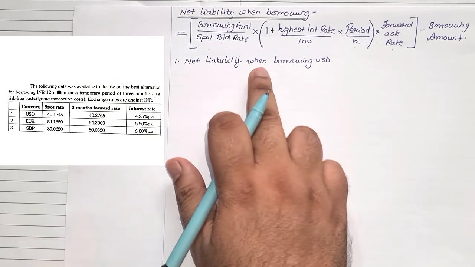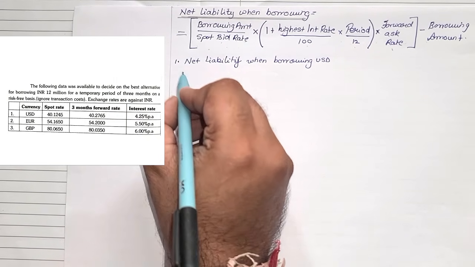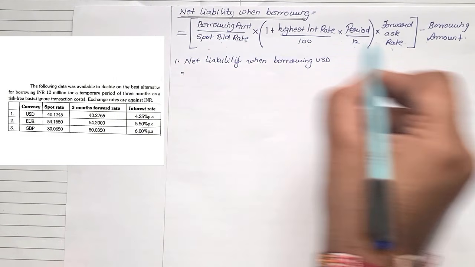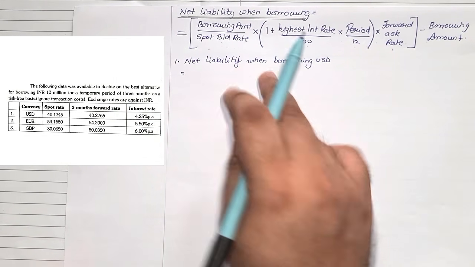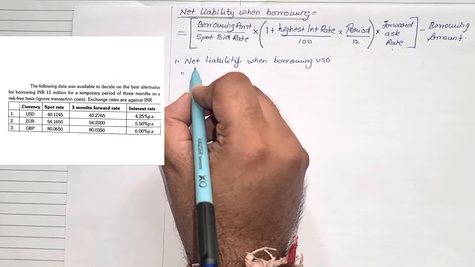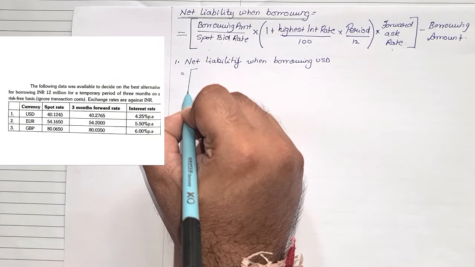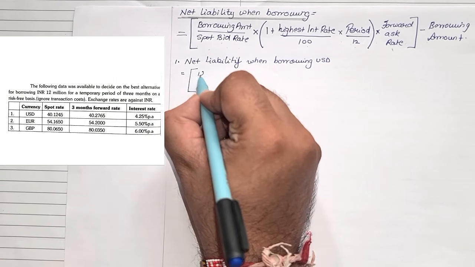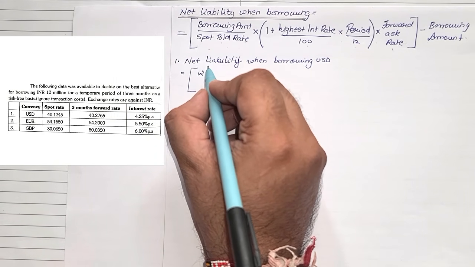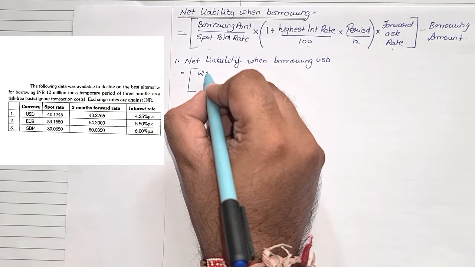The formula is the same, so I'm not writing it again, but you will have to show it every time in your exam. Now the borrowing amount: in the question we saw that the person wants to borrow 12 million, so I'll write here borrowing amount is 12 million. 1 million is 10 lakhs, so 12 million will be 1 crore 20 lakhs.